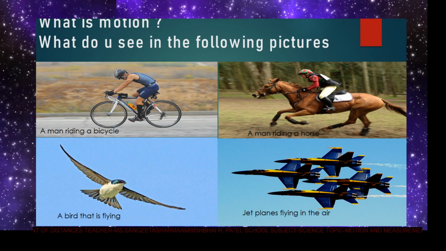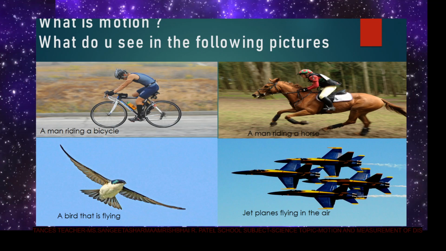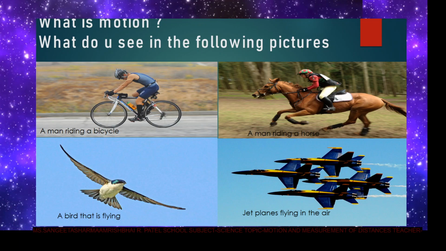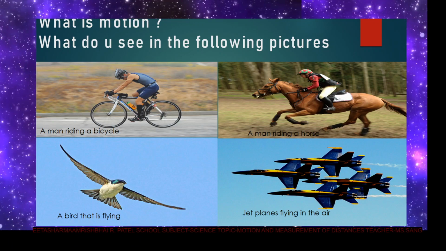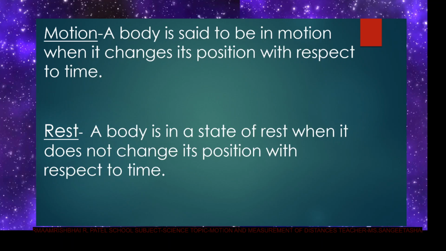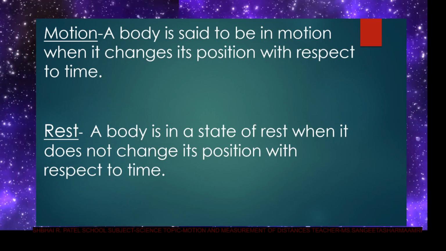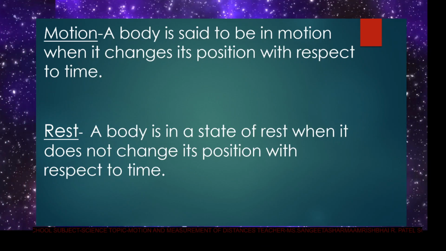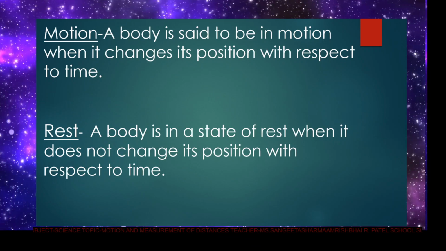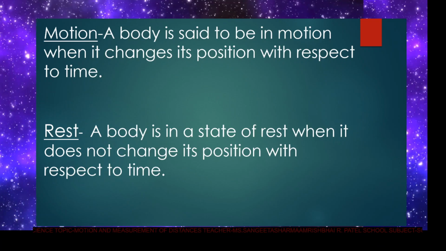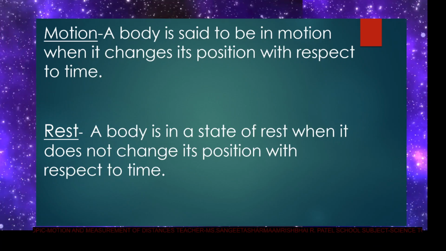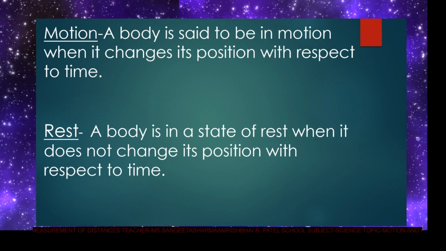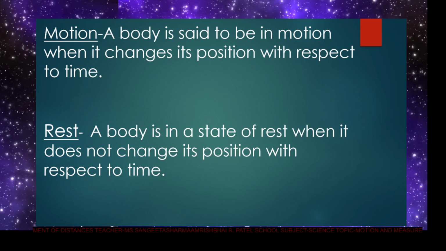Now we can say that motion means when a body changes its position with respect to time. So how will you define motion? A body is said to be in motion when it changes its position with respect to time. In the same way, you can define rest: a body is in a state of rest when it does not change its position with respect to time.